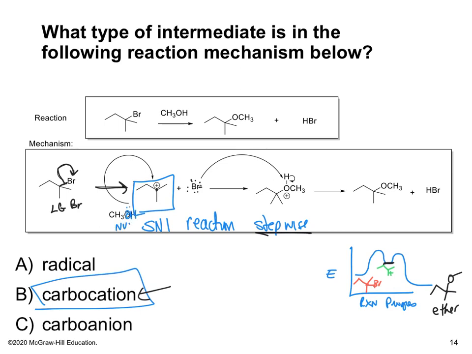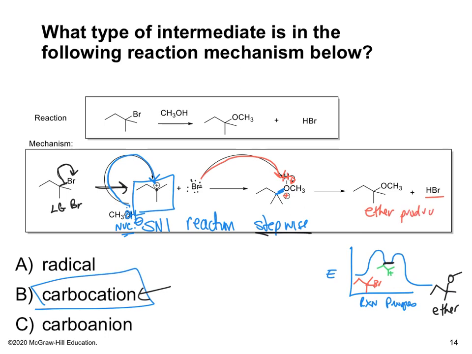The nucleophile then takes its electrons and goes to the carbocation and makes that new bond right there. You see, we still have that proton on there. And then the bromide does a deprotonation, and so you get HBr and your ether product.